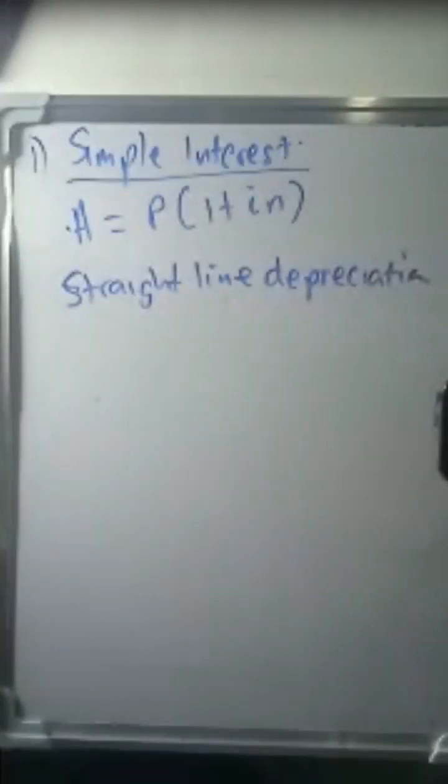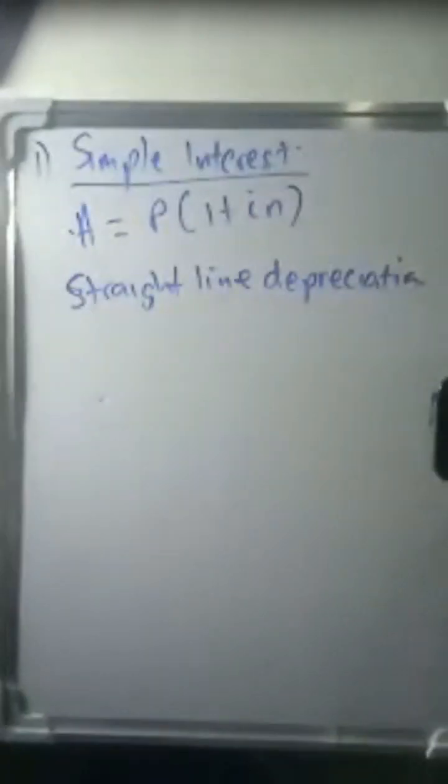Okay, so the straight line method of depreciation is actually the loss in value of an asset over time. For example, if you buy a car, when you're using it, the value does not stay the same because you are using it. There is wear and tear. So what happens to the car? It loses value as you are using it.